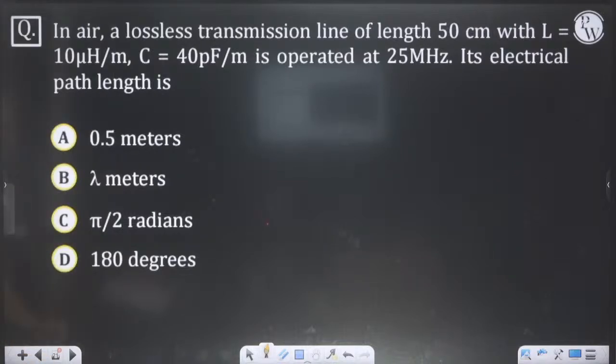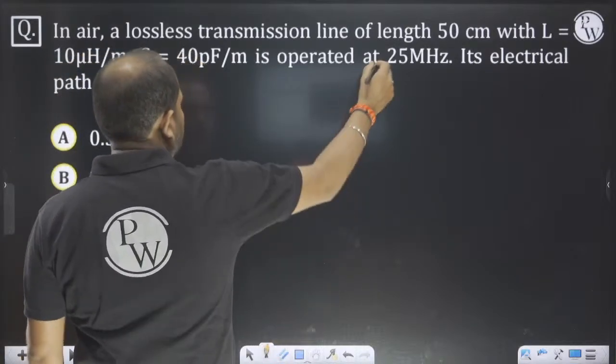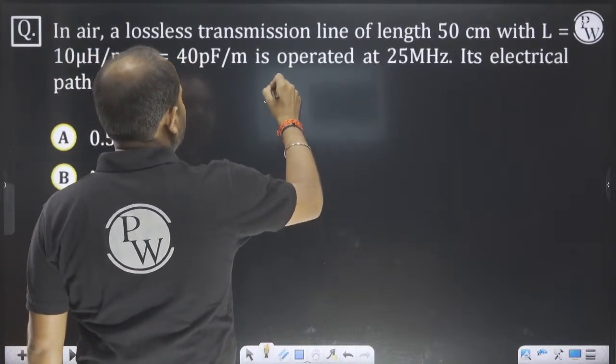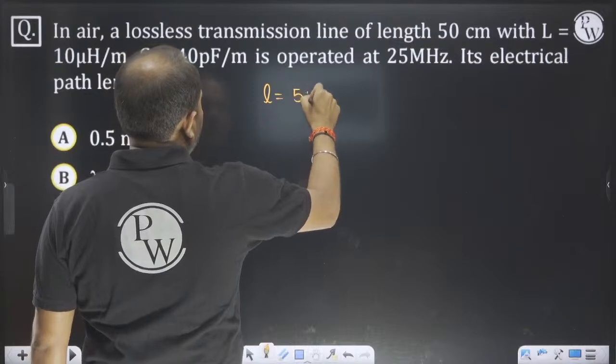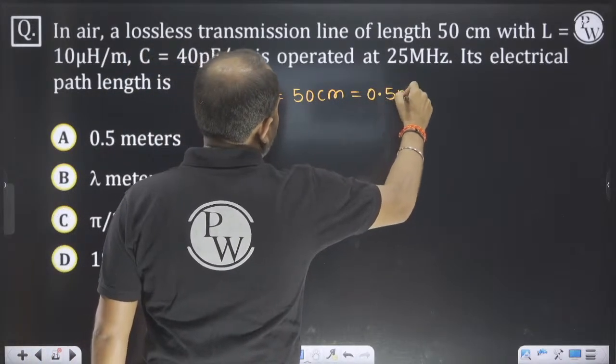Then, in air, a lossless transmission line is 50 centimeter in length, L is given, C is given. They are asking for the electrical path length. The length is 50 centimeter, which is 0.5 meter.